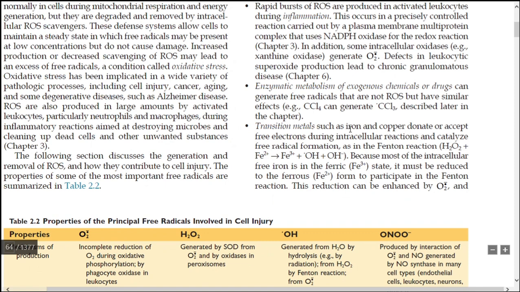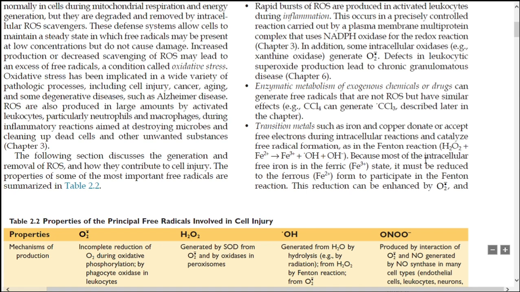If we take transition metals, iron and copper can donate or accept free electrons during intracellular reactions and catalyze free radical formation. In the Fenton reaction, hydrogen peroxide combines with ferrous ion to form ferric ion, one free radical of hydroxide and one hydroxyl ion.